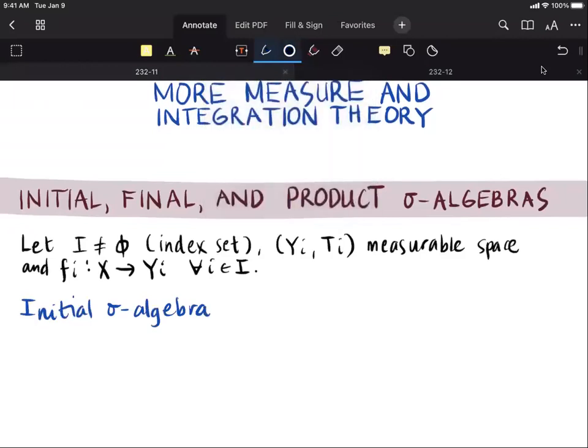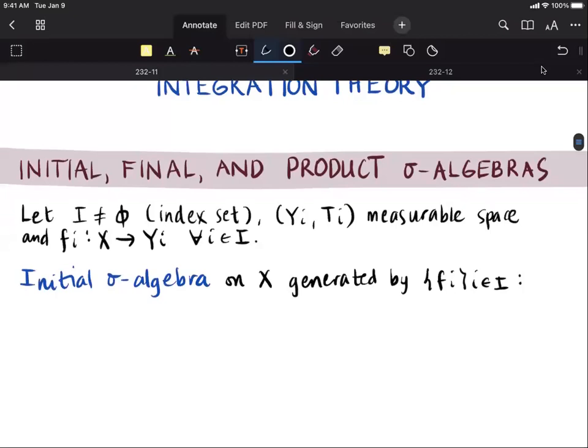So the initial sigma algebra on X generated by the family of functions f sub I is given by the following.